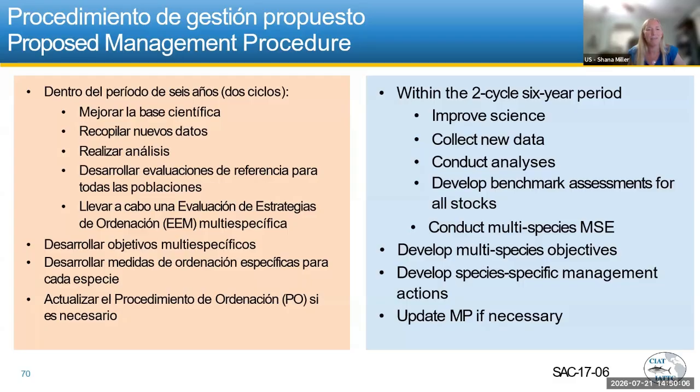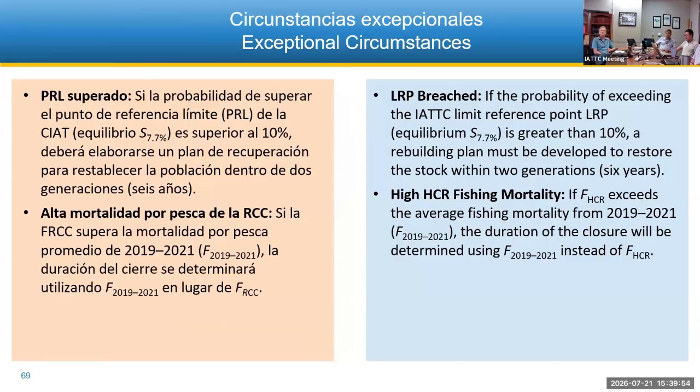Thank you. Okay, yeah, so we're going to go over the exceptional circumstances. I think most of them, if not all of them, are described in our document from last year's annual meeting, on our proposed harvest control rule. And so we've grouped these into sort of common exceptional circumstances.